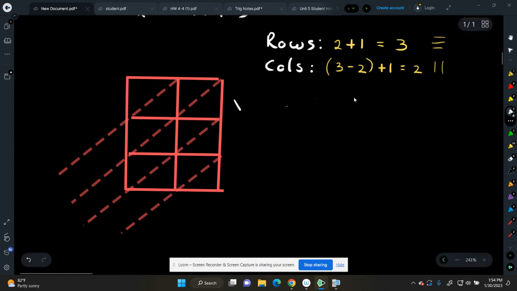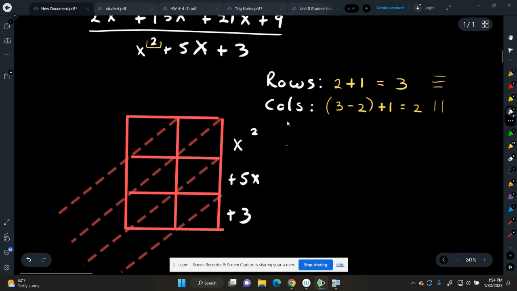Okay, so along the side, I've got x squared plus 5x plus 3. You don't have to put the pluses there. And then on the diagonals, we have 2x to the third, 13x squared, 21x, and 9.